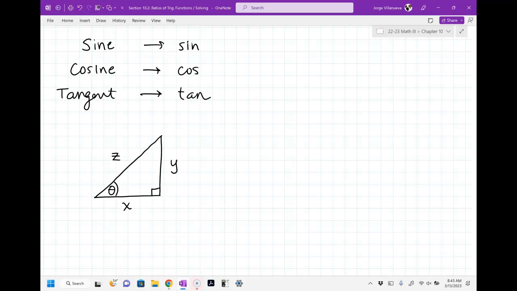So here are the definitions they're going to want us to do. I'm going to write them out, and then we're going to talk about another way to see it. Usually this is the way it's written out at first. Sine of theta is equal to opposite over hypotenuse.